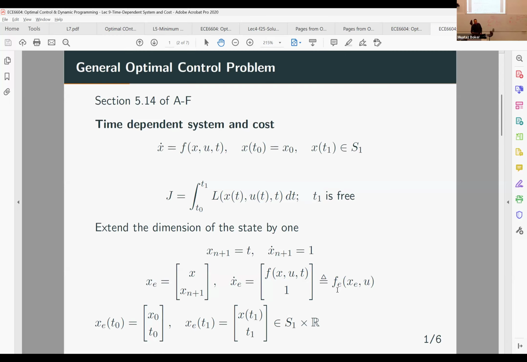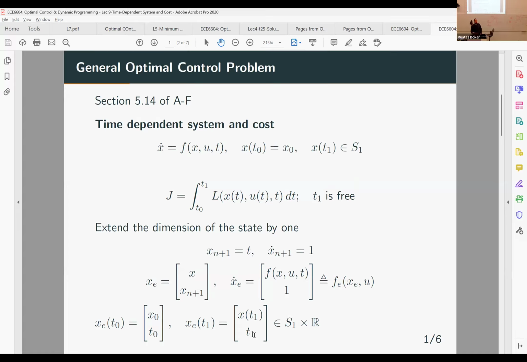Okay, so now the boundary conditions are x naught and t naught. T naught is given, so that's the initial condition. The final condition: x of t1, which could be free or could belong to s1, and t1, which is free.